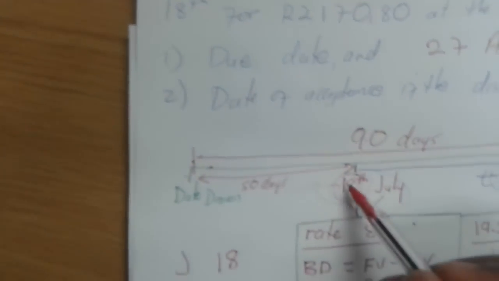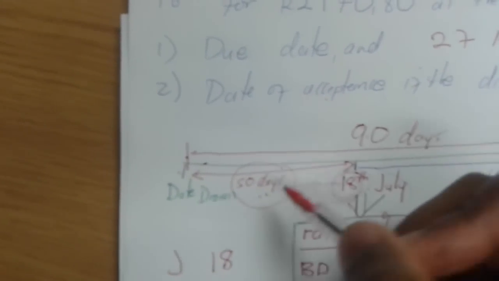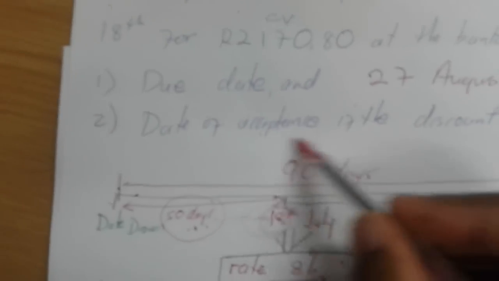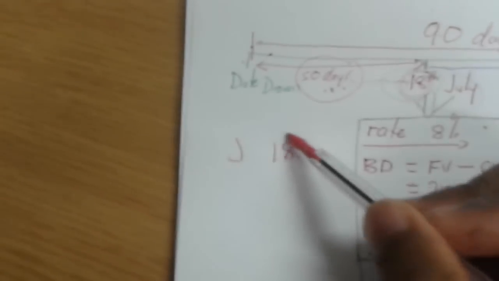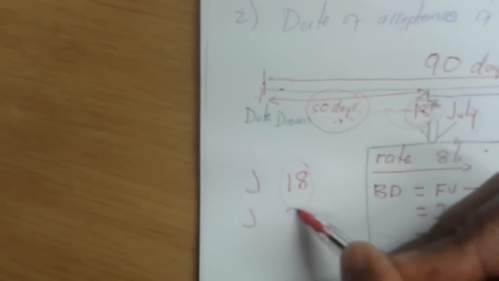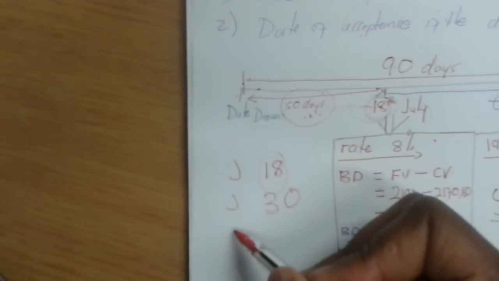So let's quickly do that. July has got 18 days that have already expired. Remember, the 50 is the 50 days that have expired. Expired days plus unexpired days give me the total of 90. So in July, 18 days have already expired. Let's go back. So June, there are 30 days, right?